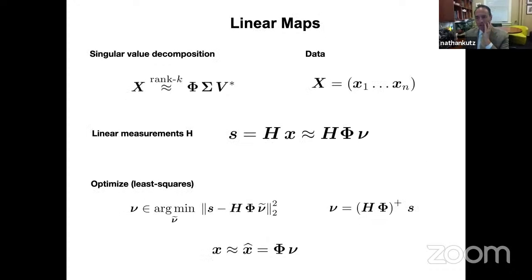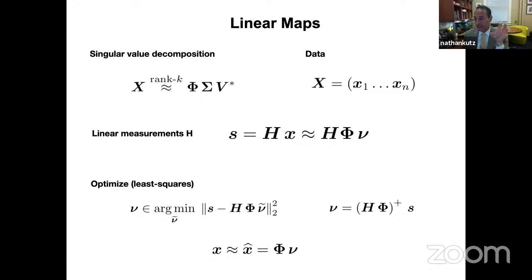So let's start simply, and let's talk about linear maps, because that's kind of our generic starting point. So in a linear map, this is how you might formulate this. We're going to use the SVD here because the SVD has the low rank structure. We're going to take our data matrix X, and we're going to do a rank K approximation of the data.